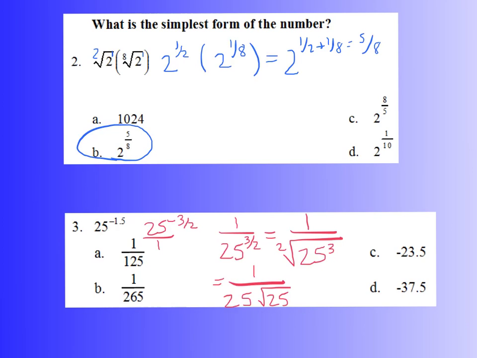Well, we know what the square root of 25 is. It's equal to 5. So 1 over 25 times 5. This value here, 25 times 5, is 125. So my final answer is A, 1 over 125.